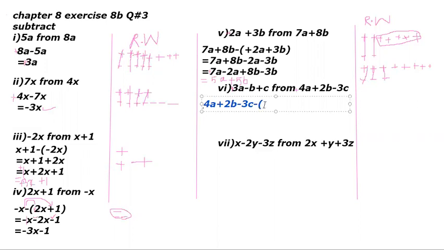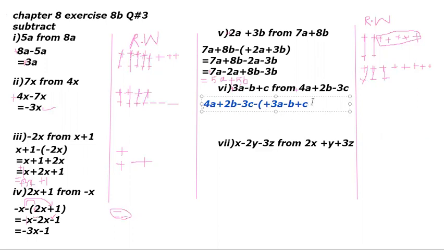Okay. Before writing this algebraic expression, I need to use parentheses: 3a negative b and a positive c. And what you should keep in your mind is that this 3a means positive 3a.